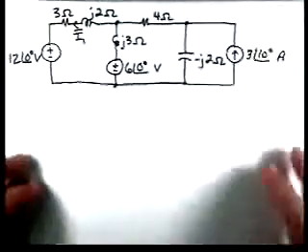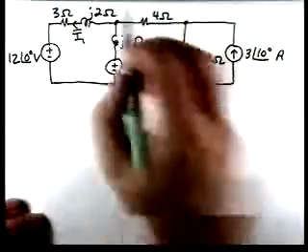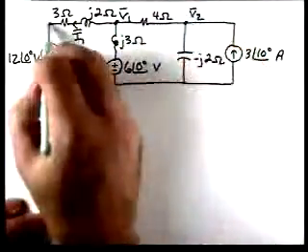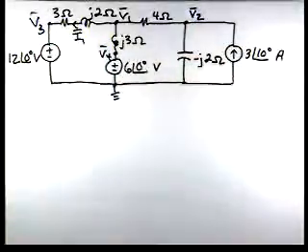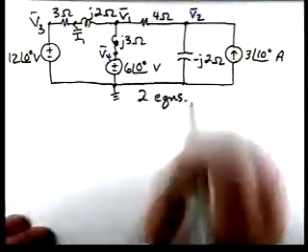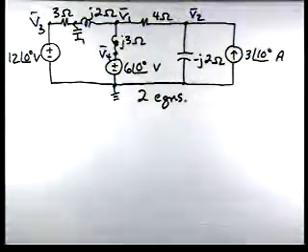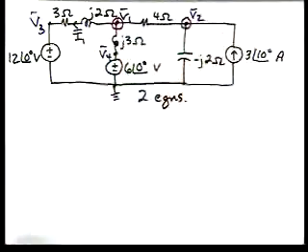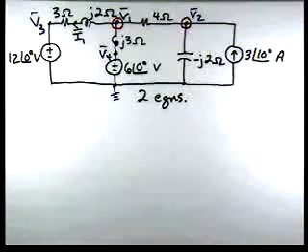Now if we look at our circuit, again, let's remember, here's a reference node, here's V1, here's V2, V3, and V4. And remember, we need 2 equations, okay, because we have 2 constraint equations. And the way we're going to get those is we're going to apply KCL at those 2 nodes. We're not going to apply KCL at the nodes where we have voltage sources.